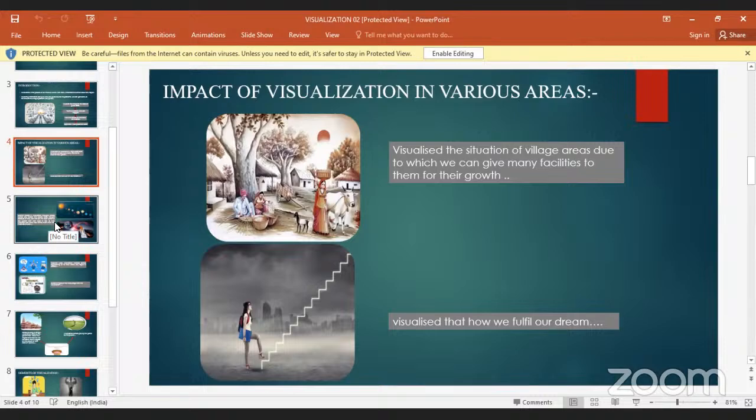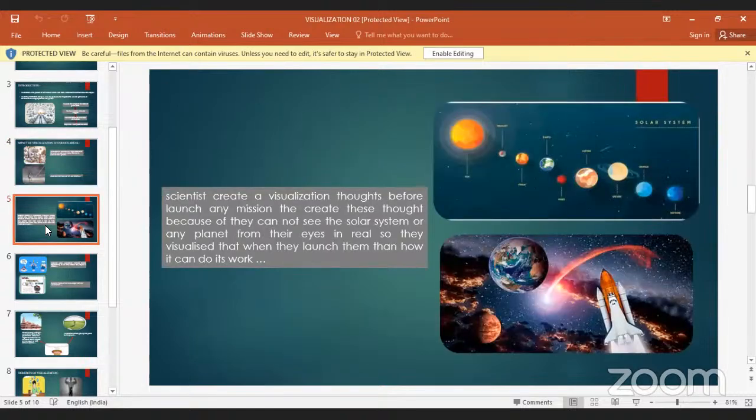And after the visualization we can create things by which we can provide some technologies to them so that they can improve their things in a better way.